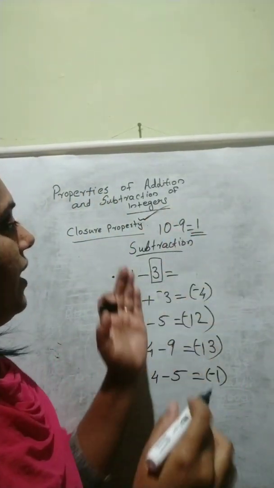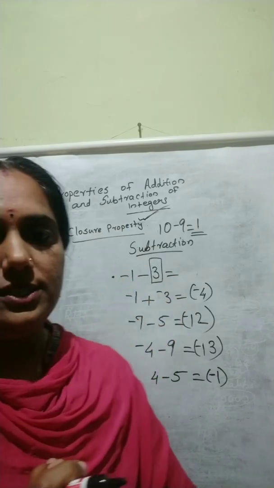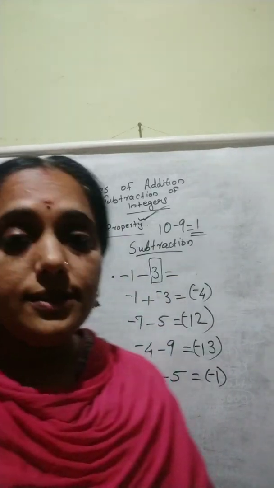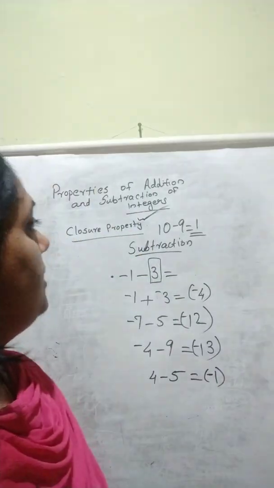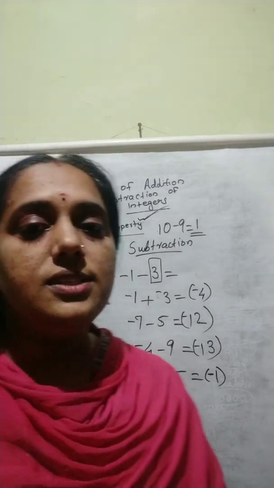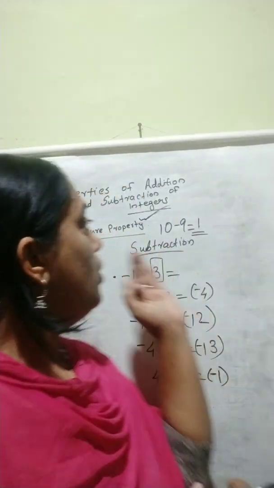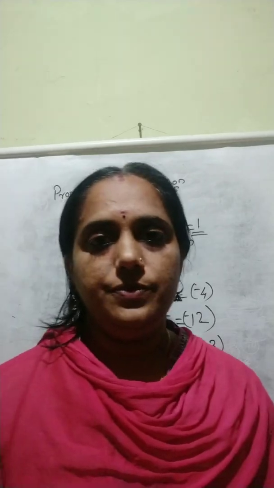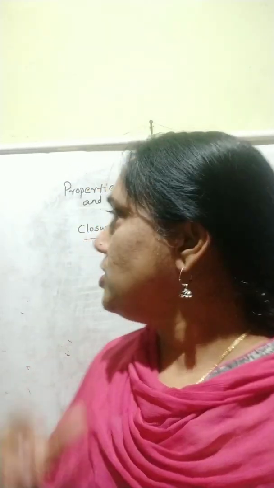This is satisfying in case of subtraction of integers. So now we can say subtraction and addition of integers are satisfying closure property. Clear? I think you got the idea about this closure properties. Okay, thank you.